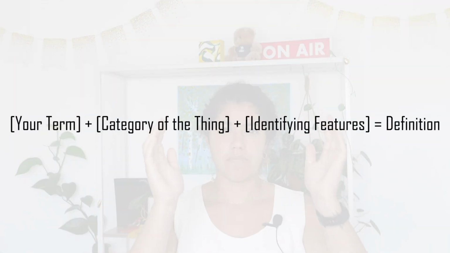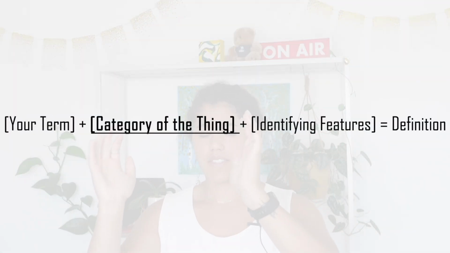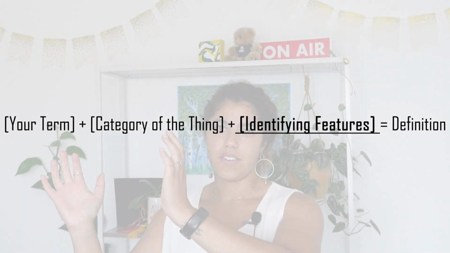To write a technical definition, start with this basic formula and then expand out as you need. You'll do your term plus category of thing plus identifying features equals the components of a tech definition. That formula sets up a sentence definition, which is usually enough to introduce a technical description or even stand alone as a glossary entry.